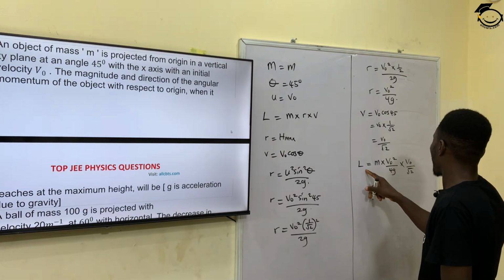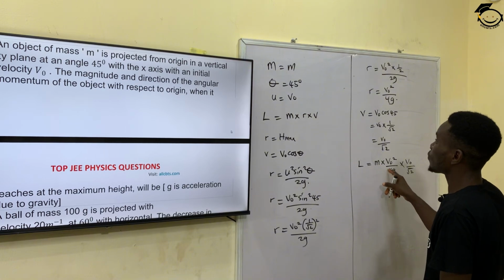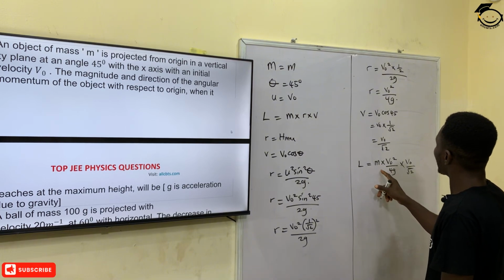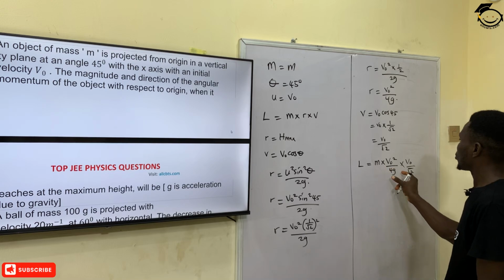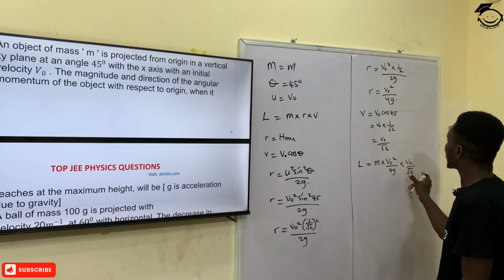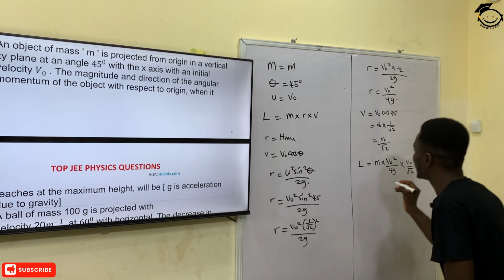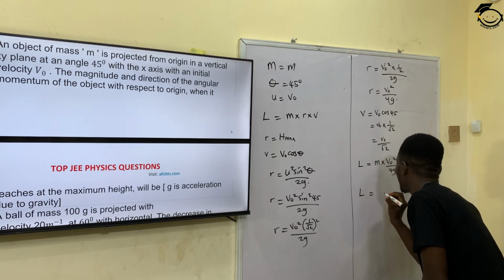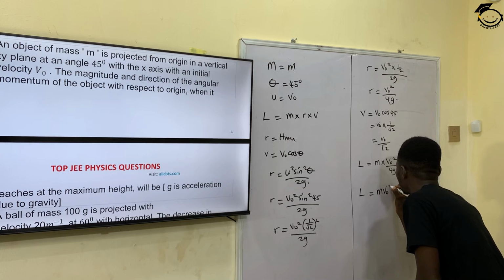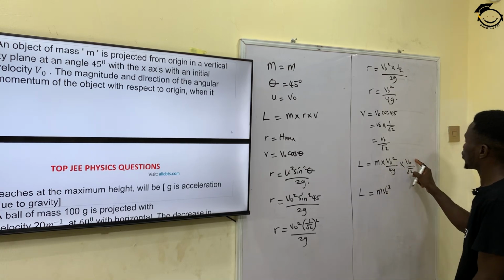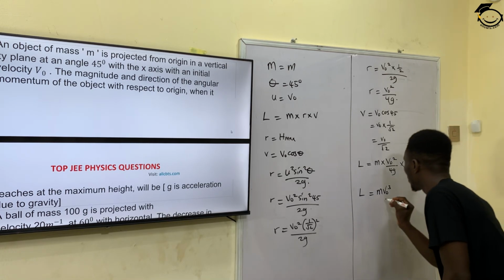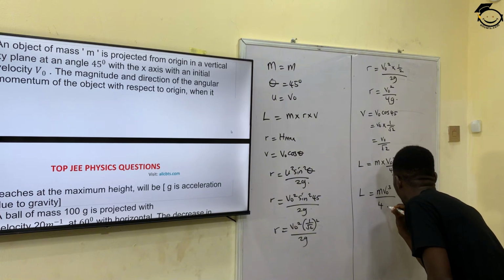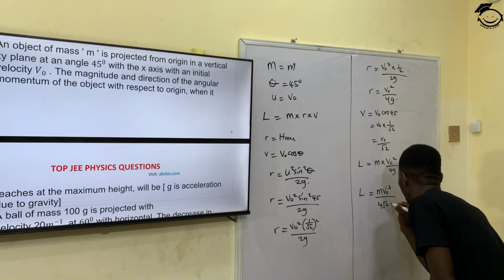So since my angular momentum is m times v times r, and I've gotten my m here, I've multiplied it with my r and I've multiplied it with my v, it means therefore that the angular momentum is m v naught cube, because v naught squared times v naught here will give me v naught cube over 4 root 2g.